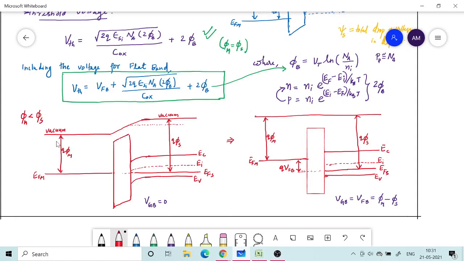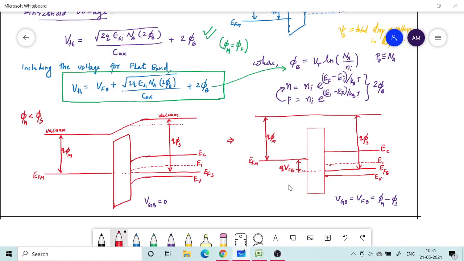So let's limit our discussion to the MOS structure. Phi m is less than phi s, so I have this. I have not applied any non-zero voltage. VGB is 0 here. Now I need to make it into this, the right side band diagram.